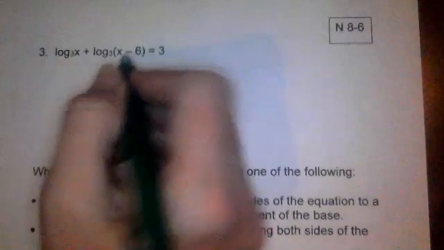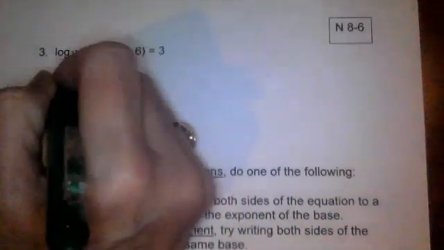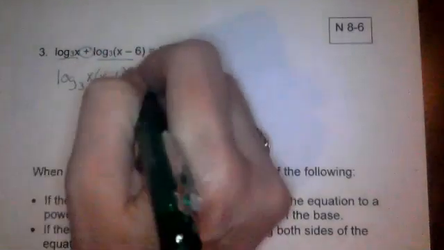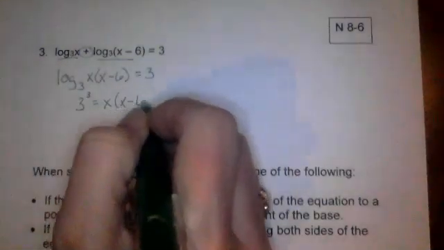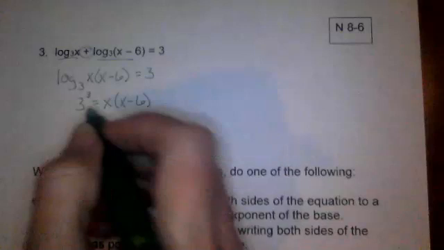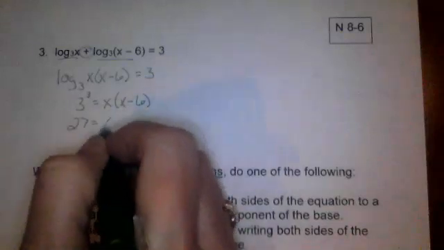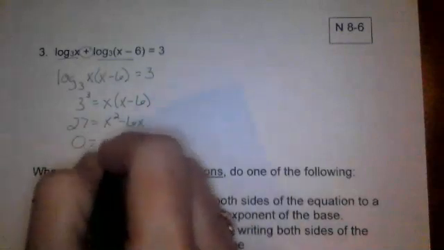All right, this last one in this section, we're going to combine our logs. And again, addition becomes multiplication. So x times x minus 6. I think I said plus 6, but that's minus 6. And then we rearrange. So 3 to the third power equals x times x minus 6. So 27 equals x squared minus 6x. This one is quadratic, and when it's quadratic, we have to move it all to one side.